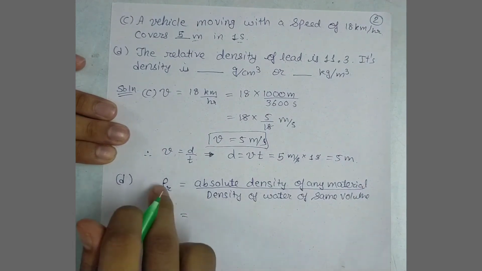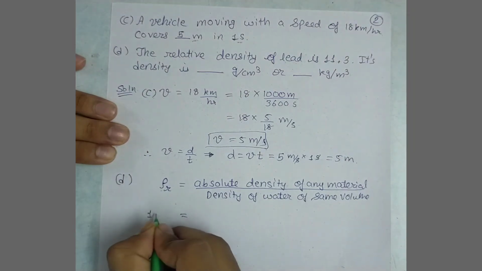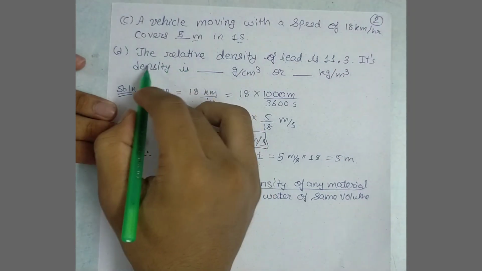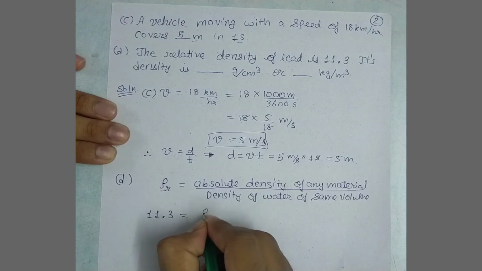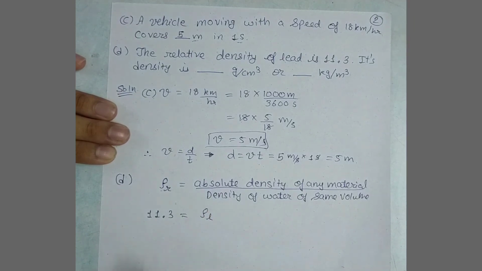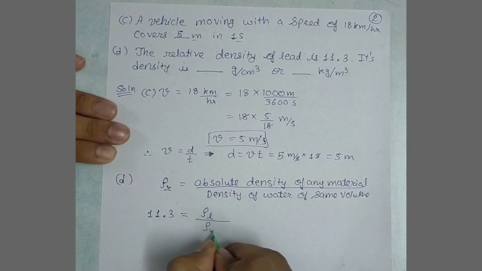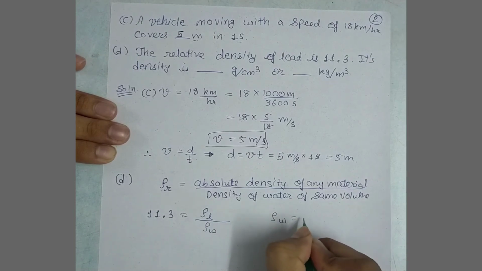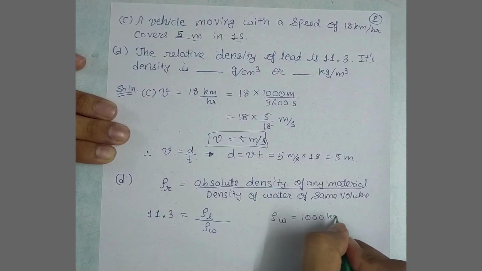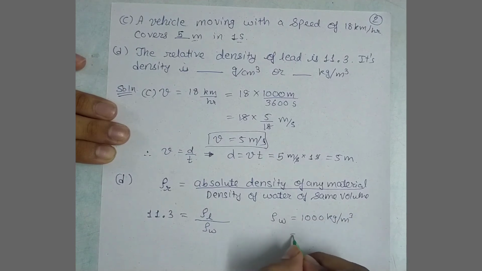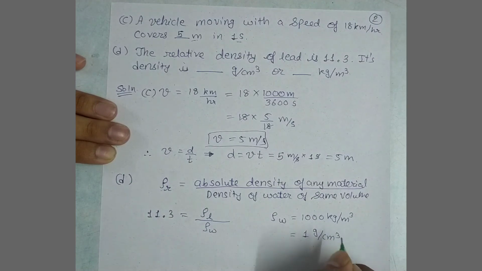So here in the question the relative density is given as 11.3 for the material lead. Let us symbolize the density of lead as rho L. Now the density of water is equivalent to 1000 kg per meter cube, and in CGS units its value is 1 gram per centimeter cube. You can try that conversion by putting 1000 and here 100 centimeter and you will get 1 as your answer.